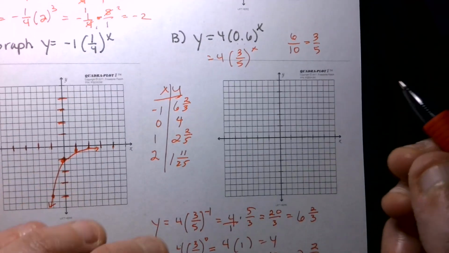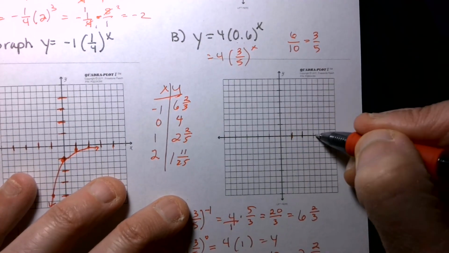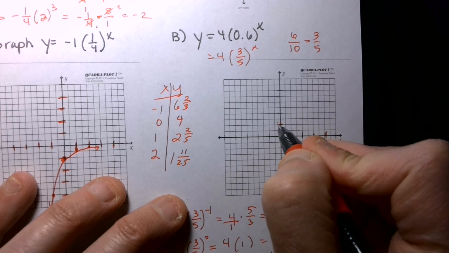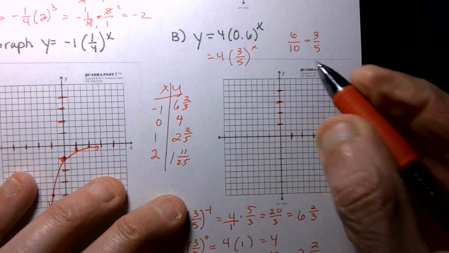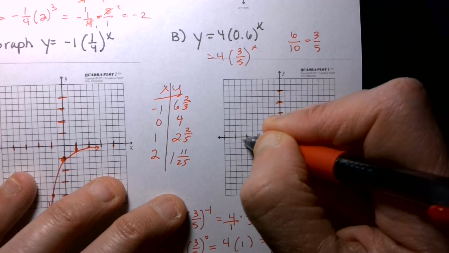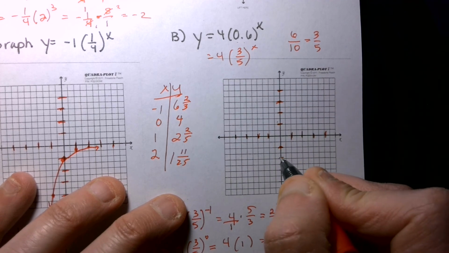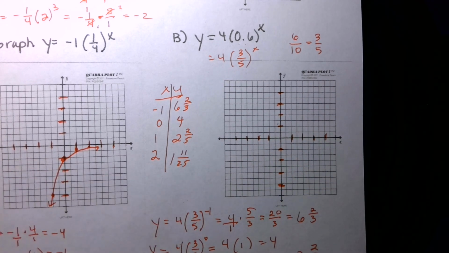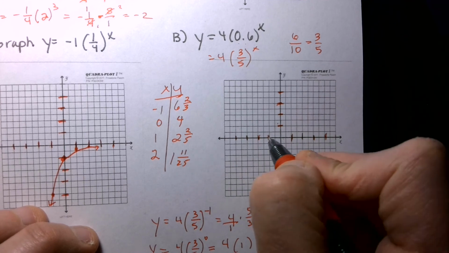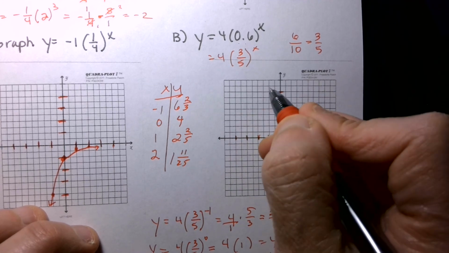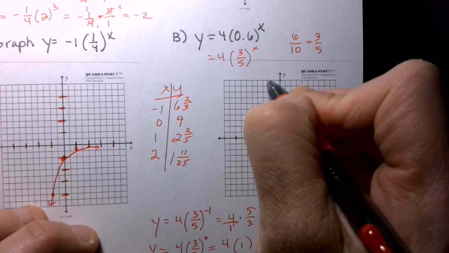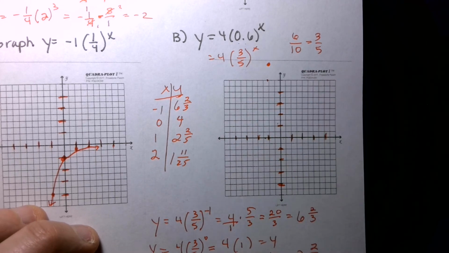Okay, so let's check it out. All right, so negative 1 and 6, whoa, we're off the charts here. Negative 1, and here's 5, and 6 is about up here.